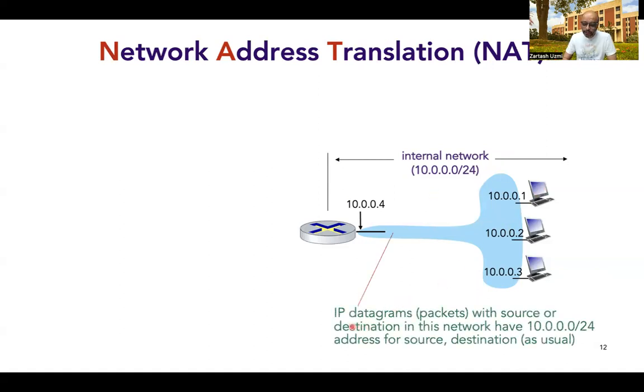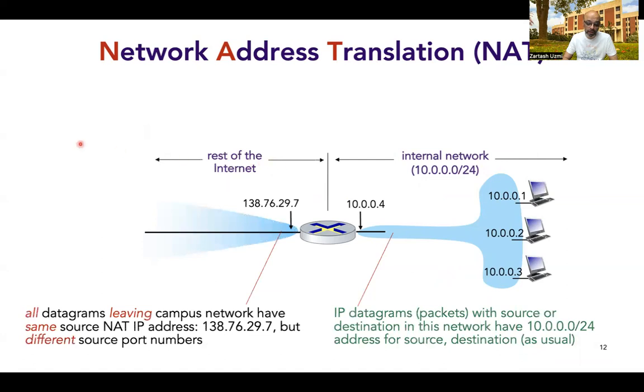Now, all the IP datagrams or packets with source or destination in this network will have one of the 10.0.0.0/24 IP addresses as source or destination, as usual. Okay. But when any packet from this network goes to the outside network, the rest of the internet, none of these IP addresses like 10.0.0.1, which are designated as local or internal IP addresses, are globally routable.